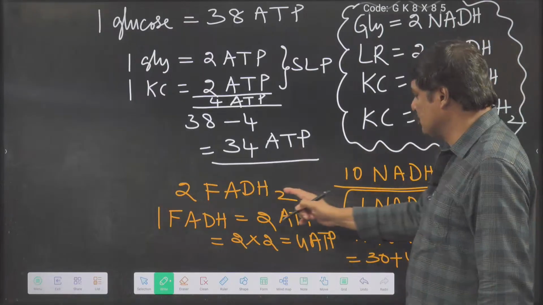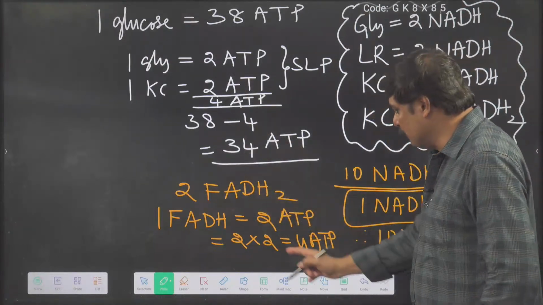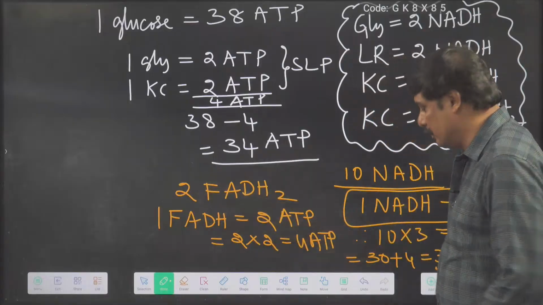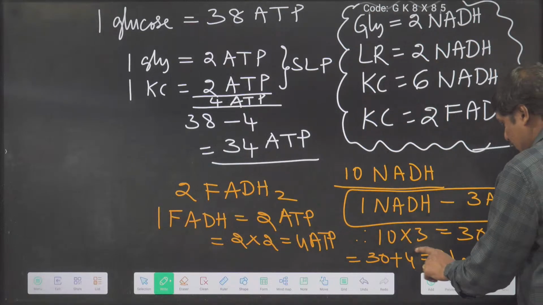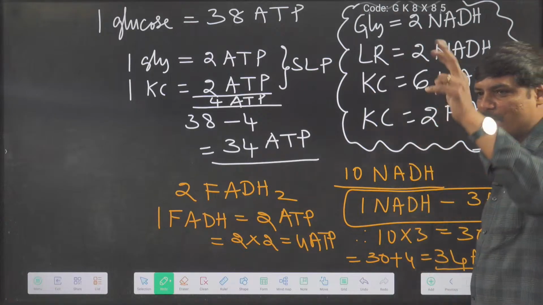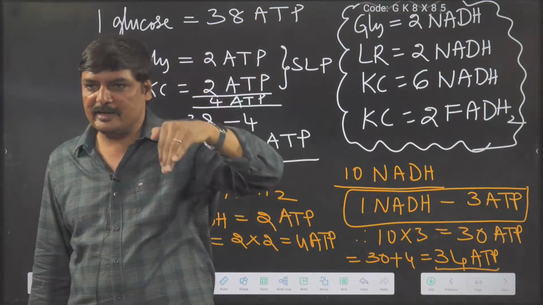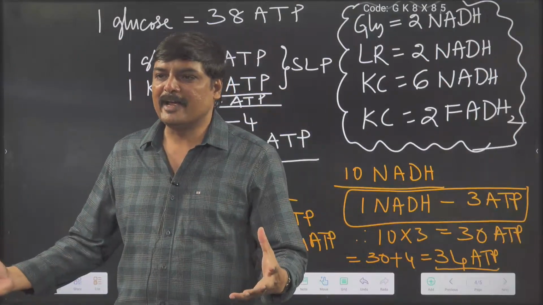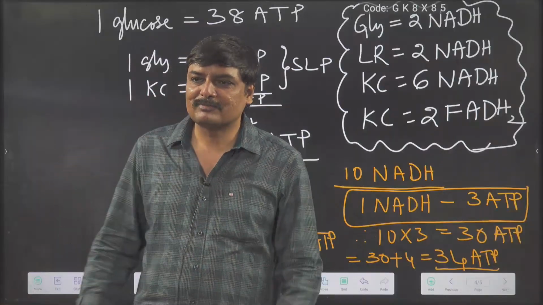Each FADH2 through ETS produces 2 ATP. Therefore, 2 into 2, 4 ATP. 30 ATP here, 4 ATP here, 30 plus 4, 34. Already 4 are produced directly. 34 plus 4, 38. Now we will see how they are produced.